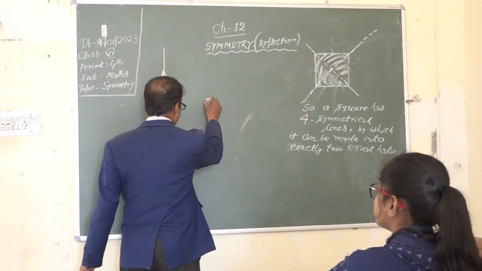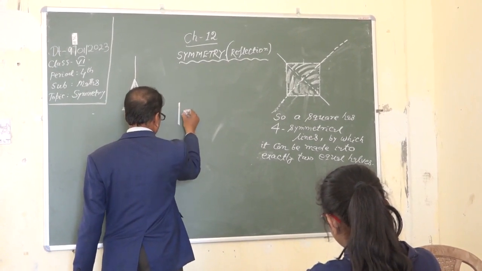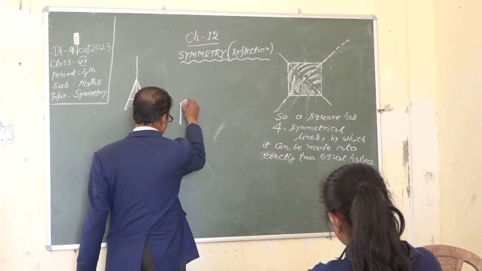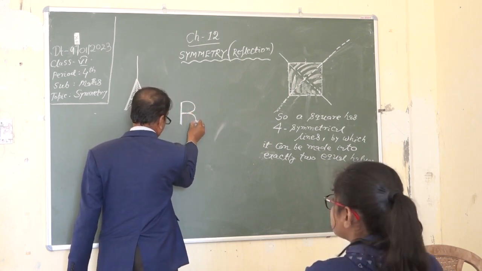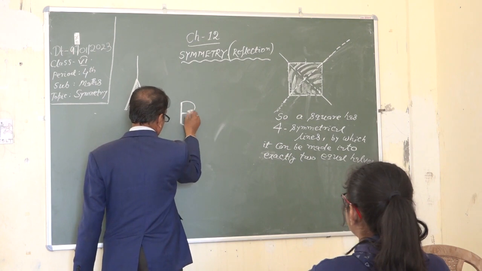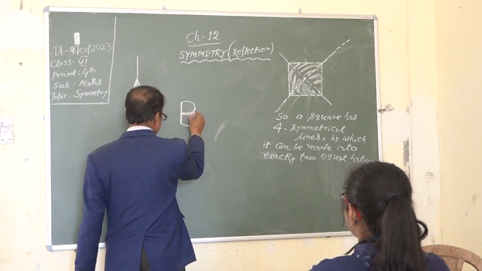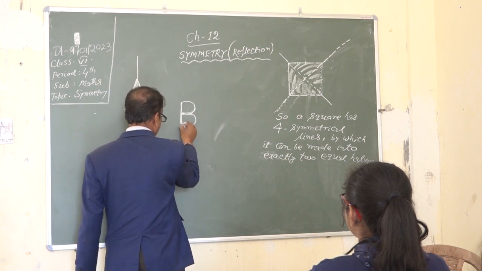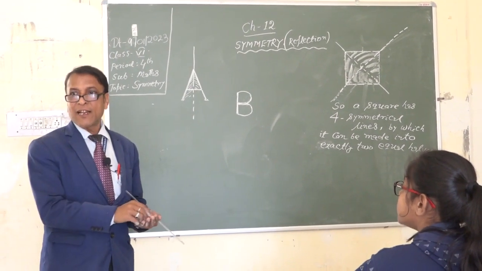Similarly, letter B is also symmetrical by a horizontal line.